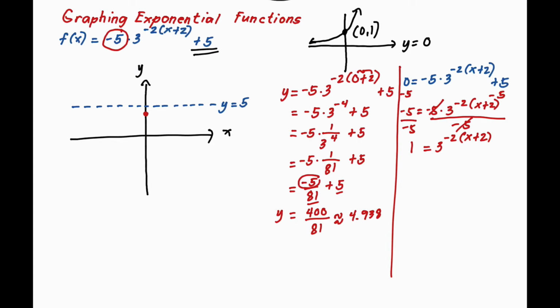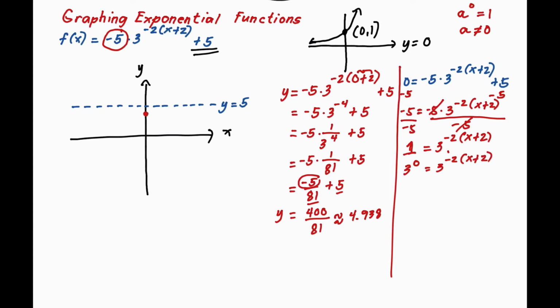Here we want to express 1 such that the base is equal to 3. But how can we do that? Let's recall that any number a raised to 0 is equal to 1, as long as a is not equal to 0. So in this case, 1 can be expressed as 3 to the 0. So we have 3 to the 0 equals 3 raised to negative 2 times x plus 2.